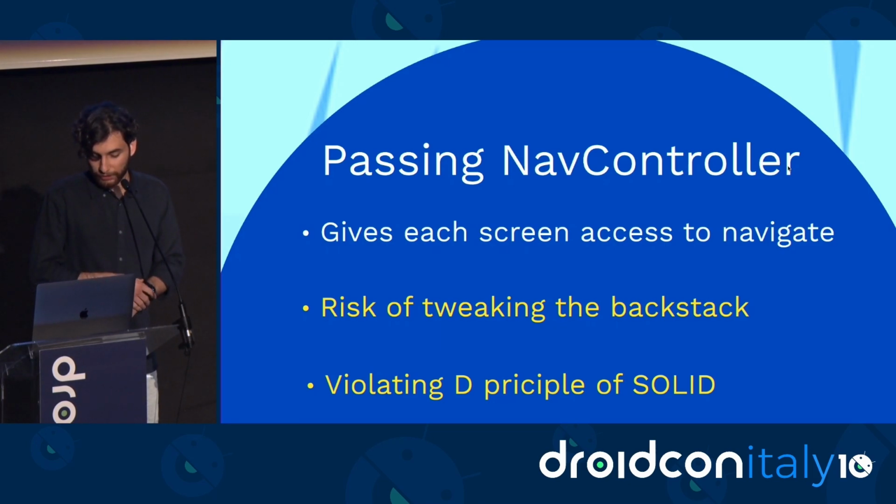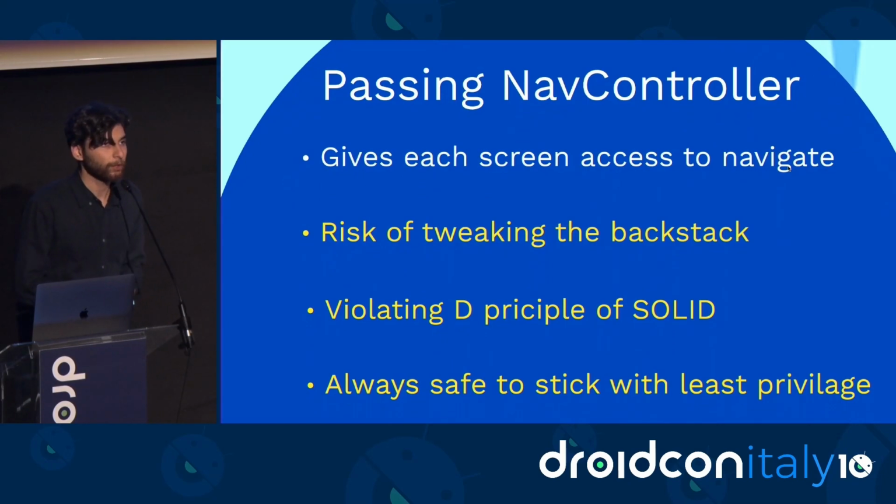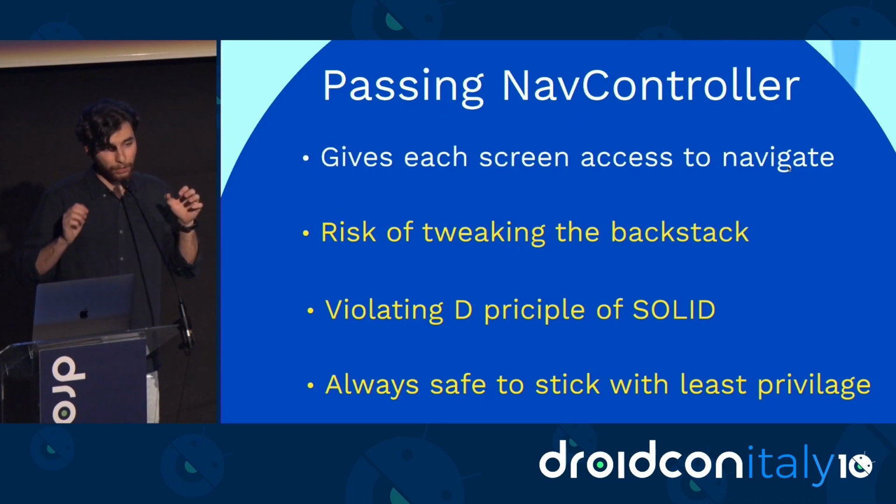The other reason that we don't like doing this is that I believe it is a violation of the D principle of SOLID. D principle is basically dependency inversion. It says that high-level modules should not depend on low-level modules, I mean, in short terms. I know that Nav Compose is not much of a low-level module, but compared to our composable screen, it is at a lower level.